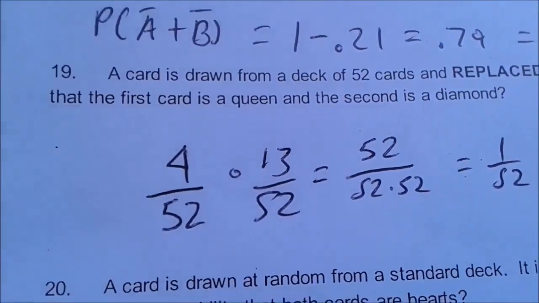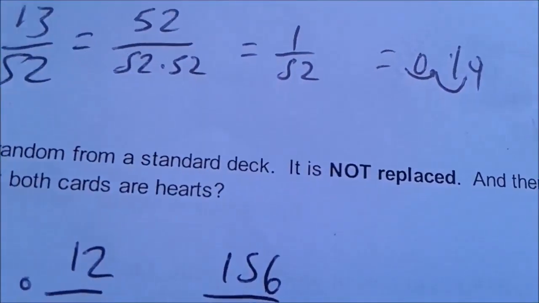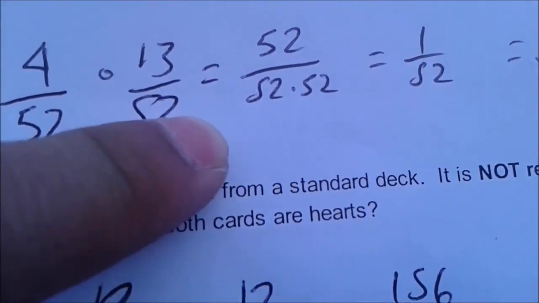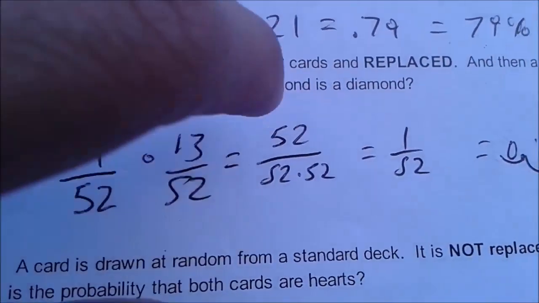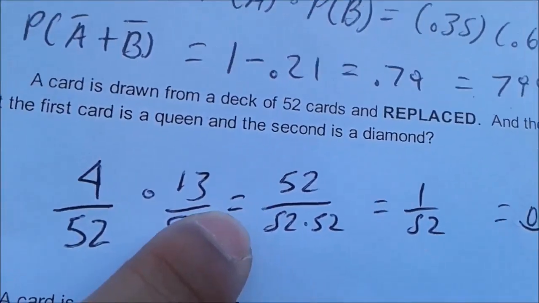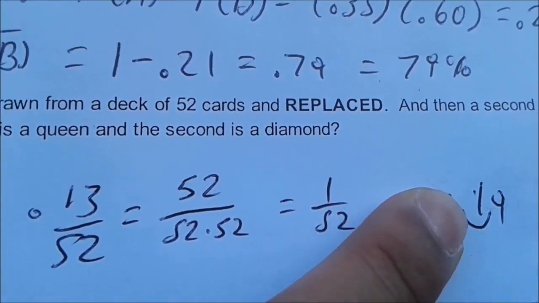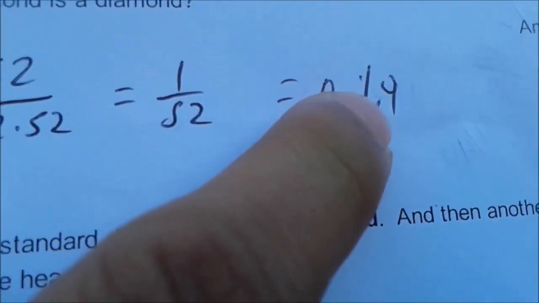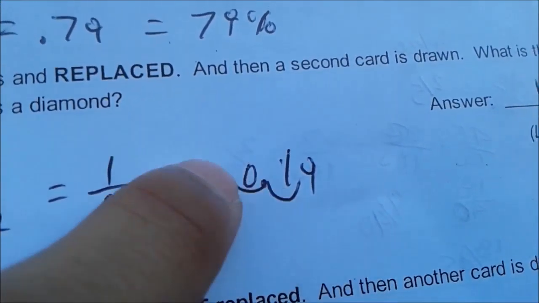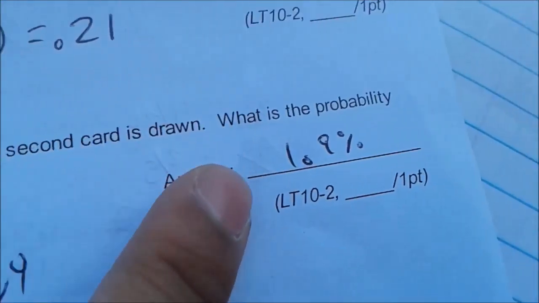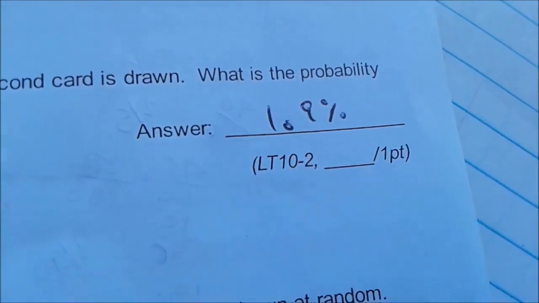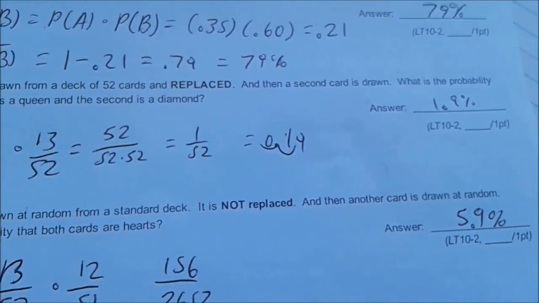So it's 12 but plus 1. So it's 13 over 52, and then you simplify that. Simplify that, that's 1 over 52, and then you divide that, and that's 0.19. Then move the decimal over, and that's 1.9%. Boom. Answer. I'm in school.